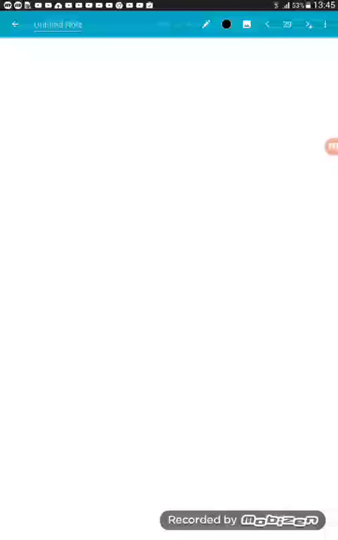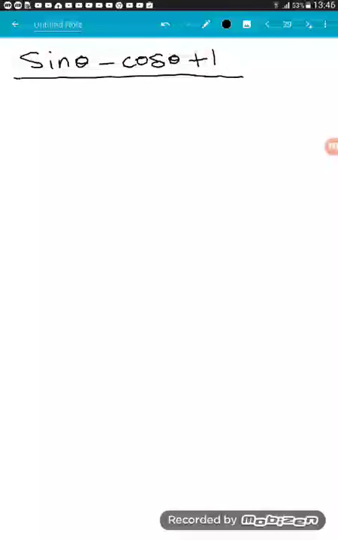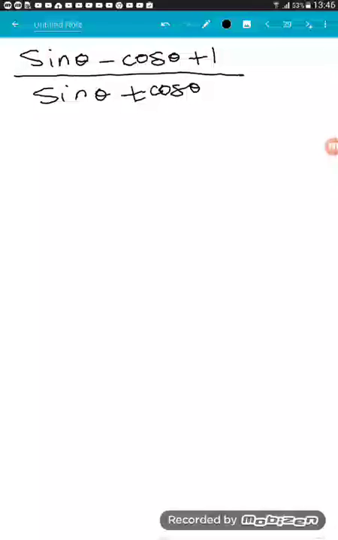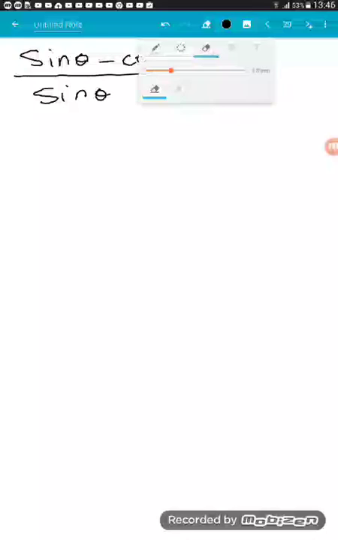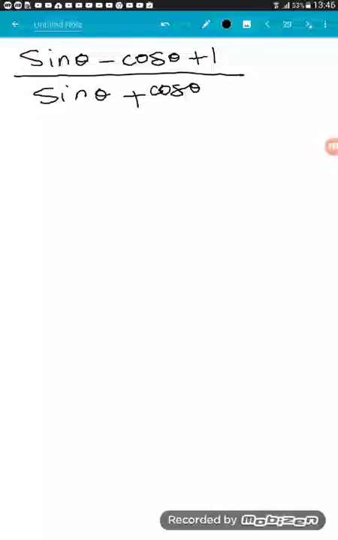It says sin theta minus cos theta plus 1 by sin theta plus cos theta minus 1, and we have to prove the RHS.